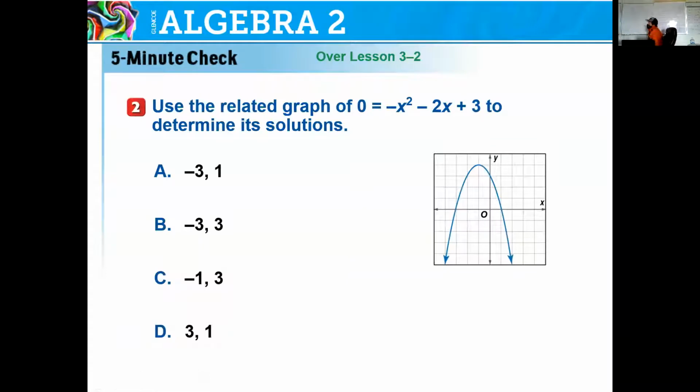The next one, use the related graph of -x squared minus 2x plus 3 to determine its solutions. Once again, we're just analyzing the graph. So starting at the origin, go 1 unit right, we cross right there. So 1 is a solution. Starting at the origin, we go 1, 2, 3 to the left. So our roots or zeros is going to correspond to answer choice A for -3 and 1.